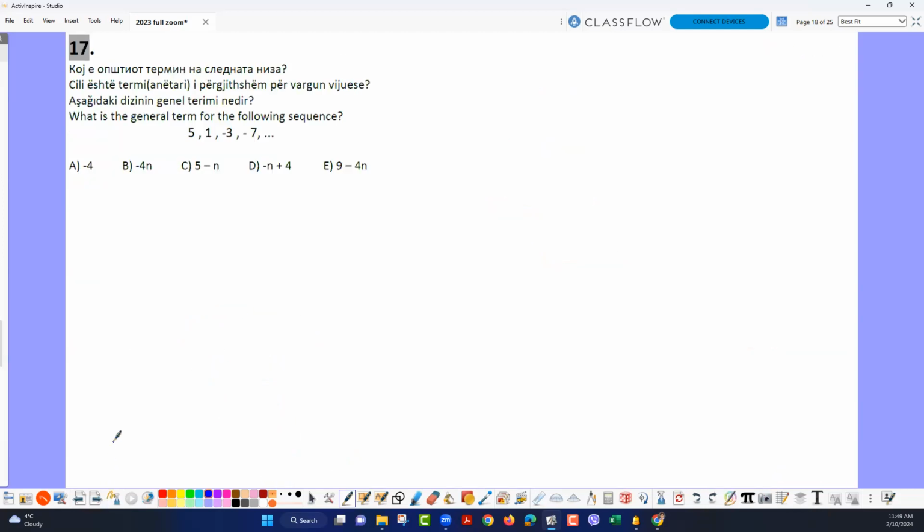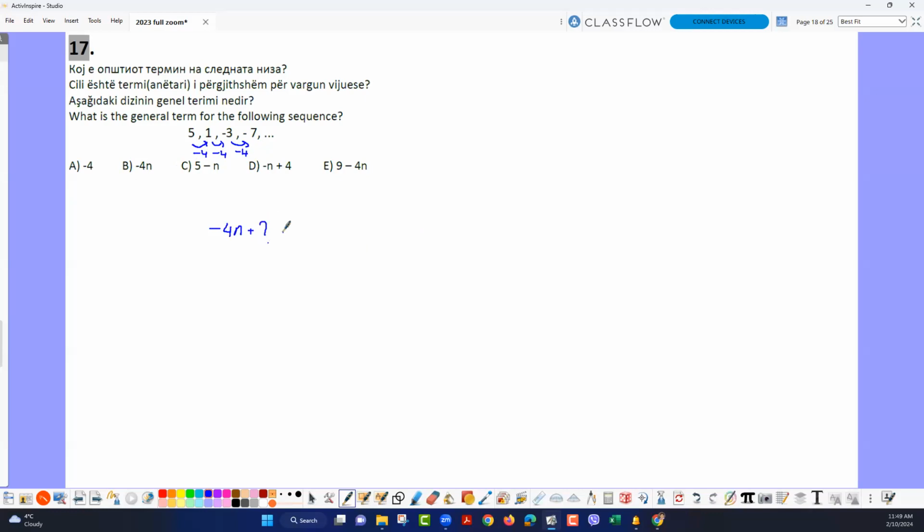This question is about the sequences, and in normal regular lessons I'm solving the sequences with a table. In your books also it should be like that. With a table we are solving these questions, but here I can do it like this. Firstly, I need to find the common difference. With respect to the common difference, I can decide about the coefficient of the n. So this is going to be -4, -4, and -4, which means that our function should be equal to -4 times n plus something.